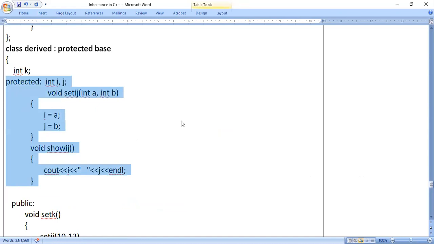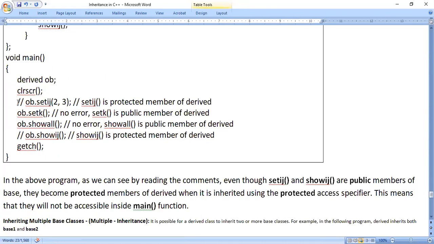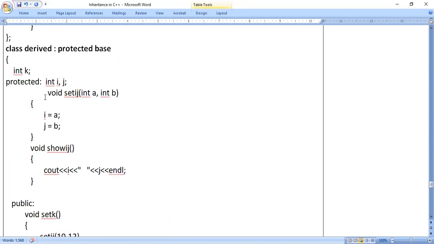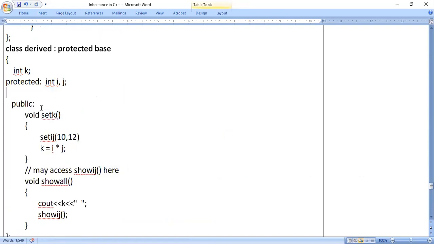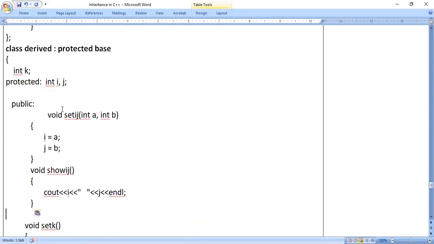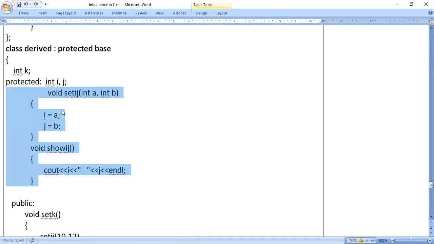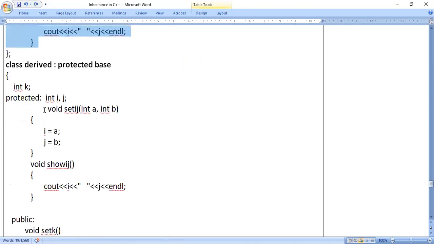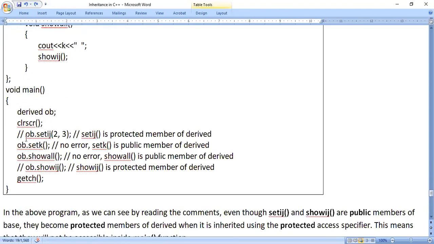If it is changed to protected, then in the main function you cannot access them. For example, if the status of these two functions had not changed, meaning they were in the public section, then you can access them. But the status is changed to protected. In the base class, the status was public. In the derived class, the status has become protected. So in the main function, you cannot access them.